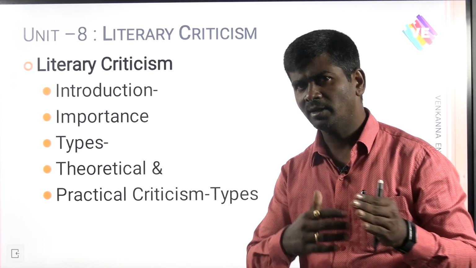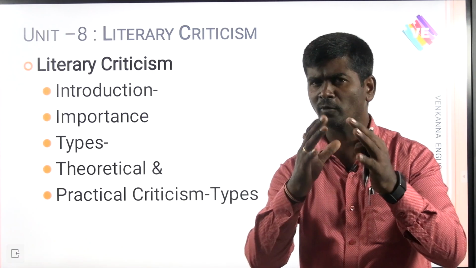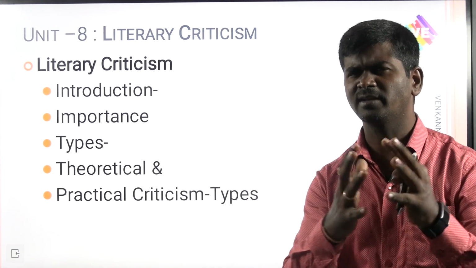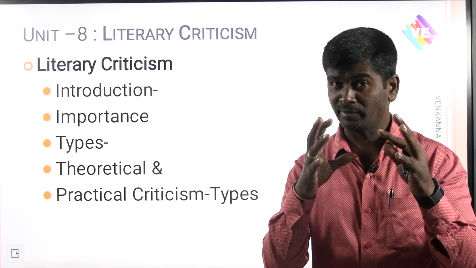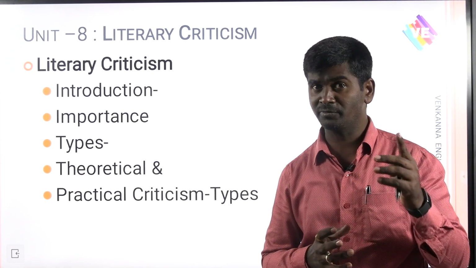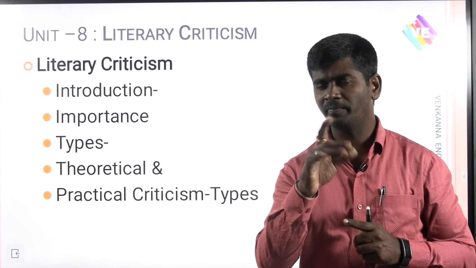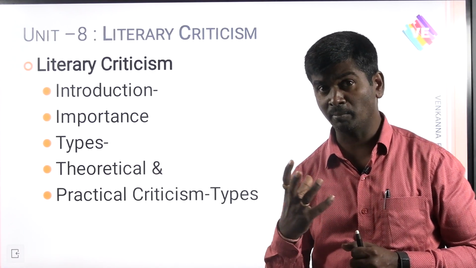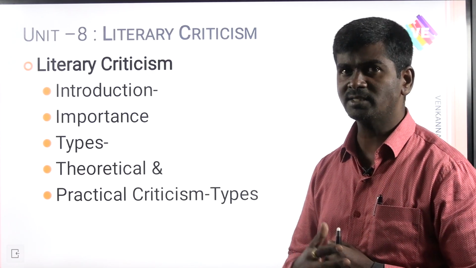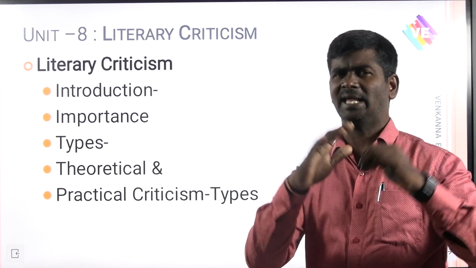So till the end of 19th century, if you focus on those writers and those critical works and the critical techniques that were popularized by these critics, if you read them, that is called theoretical criticism. And what important techniques were proposed by these critics, you need to have a glance.